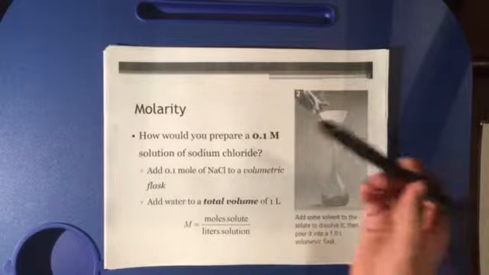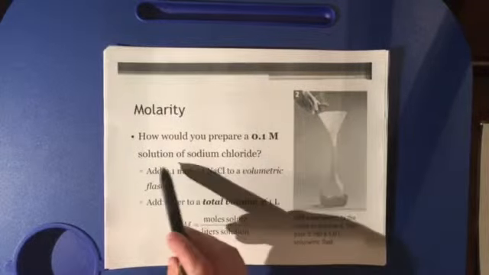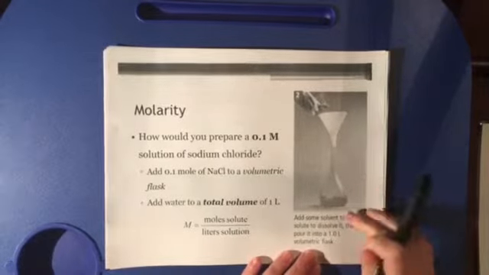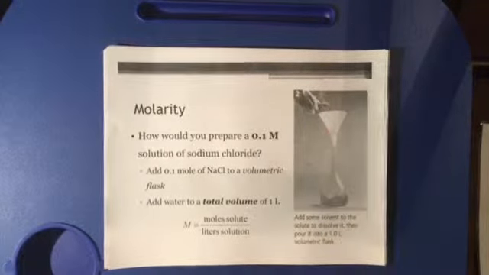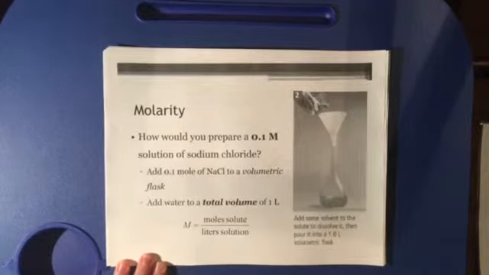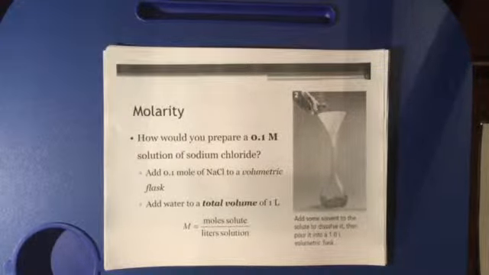So for molarity, how would you prepare a 0.1 molar solution of sodium chloride? We use these things called volumetric flasks because they're really accurate in measuring amounts of the solvent. You first put 0.1 moles of sodium chloride, and you measure that, and you put that into the flask.